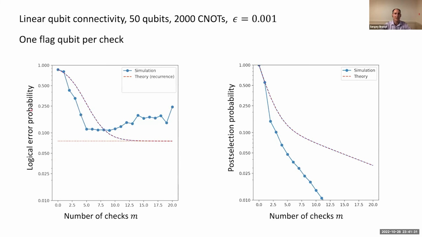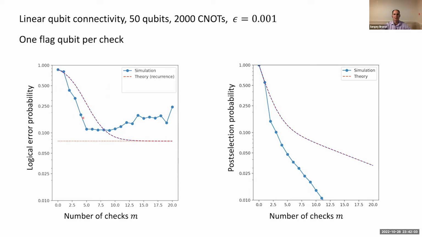And if we come back to this 50-qubit payload circuit with 2000 CNOT gates, we can implement it for linear qubit connectivity with 1 flag qubit per every check. And in this case, the logical error probability can be reduced from 100% to roughly 10%, which is not bad.